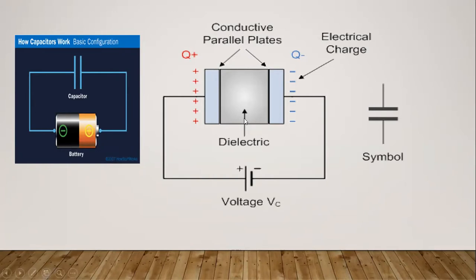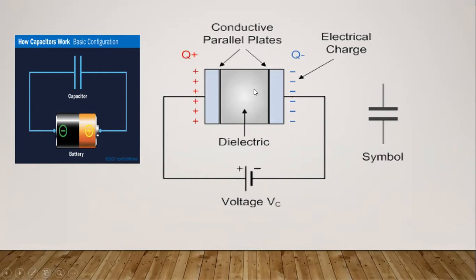Now you can see that this is the inside of the capacitor, one metal plate and another metal plate. When it is attached to a battery, the positive of the battery gives this plate the positive charge and the negative will give this plate a negative charge.